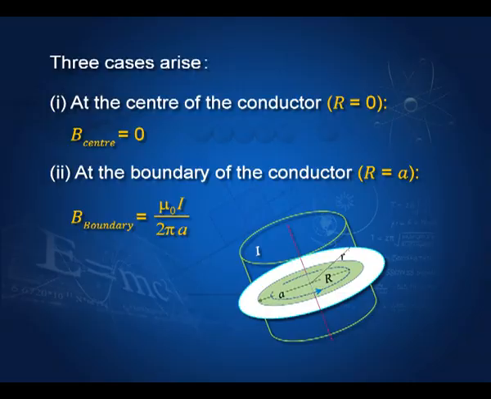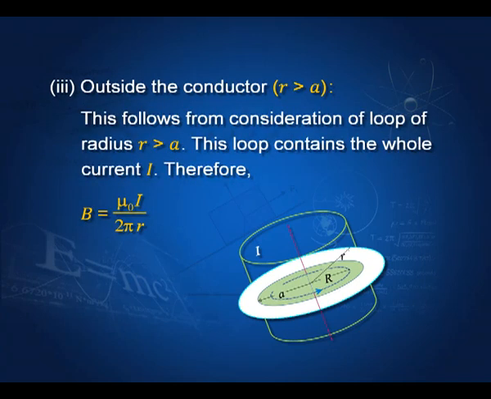What about the field outside? At the center r is 0, therefore the field is 0. At the boundary r is equal to a, so one a gets cancelled, and B becomes mu 0 I by 2 pi a. At r greater than a, the whole current is included, therefore the application of Ampere's law simply gives you B equal to mu 0 I by 2 pi r.